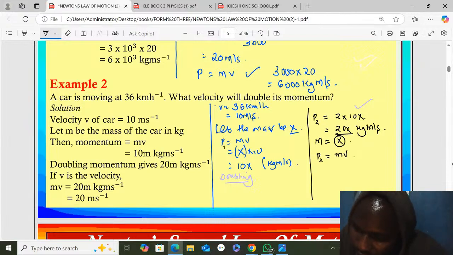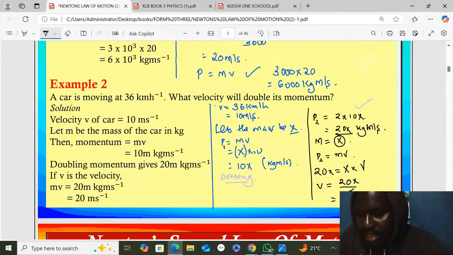So we have 20x is equal to x kilograms, because the mass of the body remains, times our velocity v that we don't know. Then making v the subject, the formula will be 20x divided by x, and then here you'll get 20 meters per second, like that.